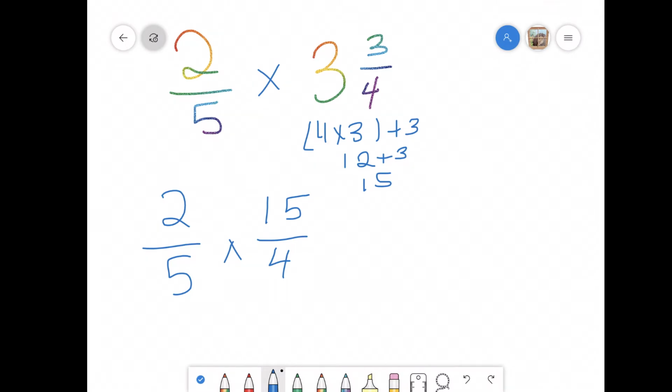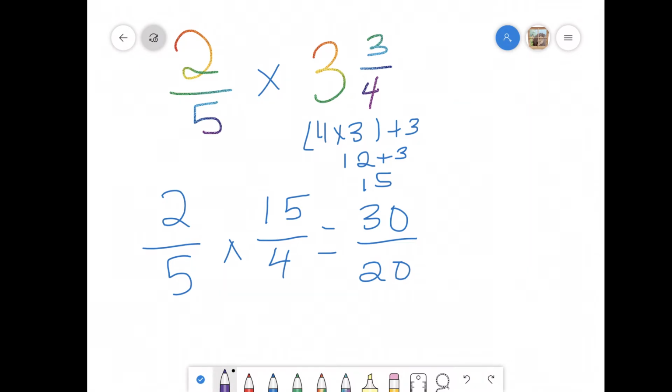So we had to go ahead and rewrite the expression. Now we're going to multiply. 2 times 15 is 30. 5 times 4 is 20. The answer is 30/20.